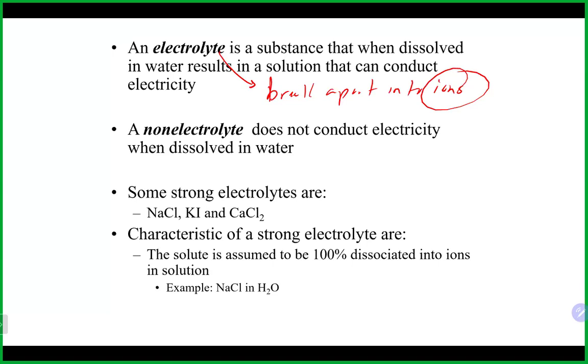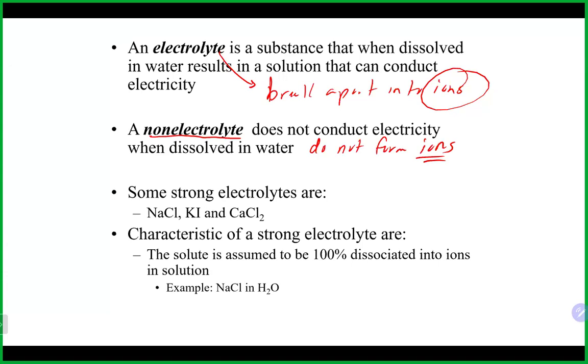There are a few different types of electrolytes: strong electrolytes, weak electrolytes, and there are also non-electrolytes. Non-electrolytes do not conduct electricity because when they dissolve in water, they do not form ions. And again, it's the presence of the ions which really helps conduct electricity. In the case of a non-electrolyte, they are not formed, so they do not conduct electricity.